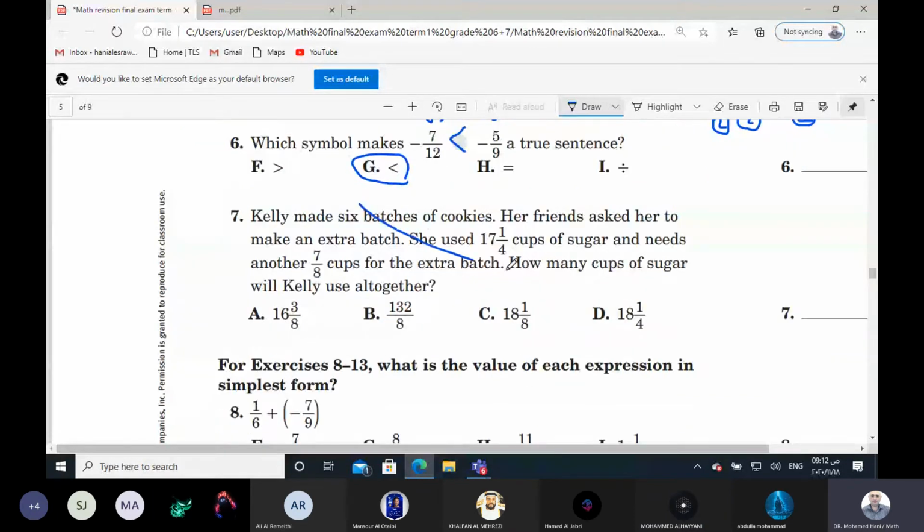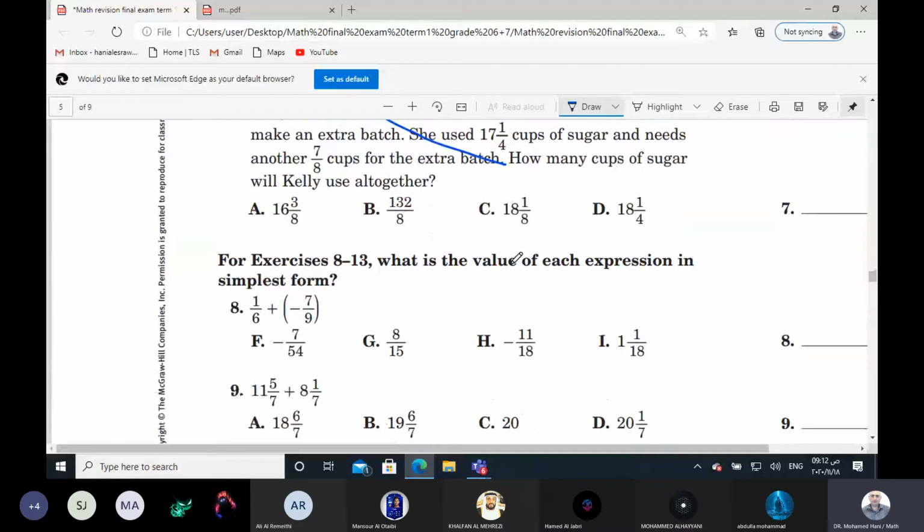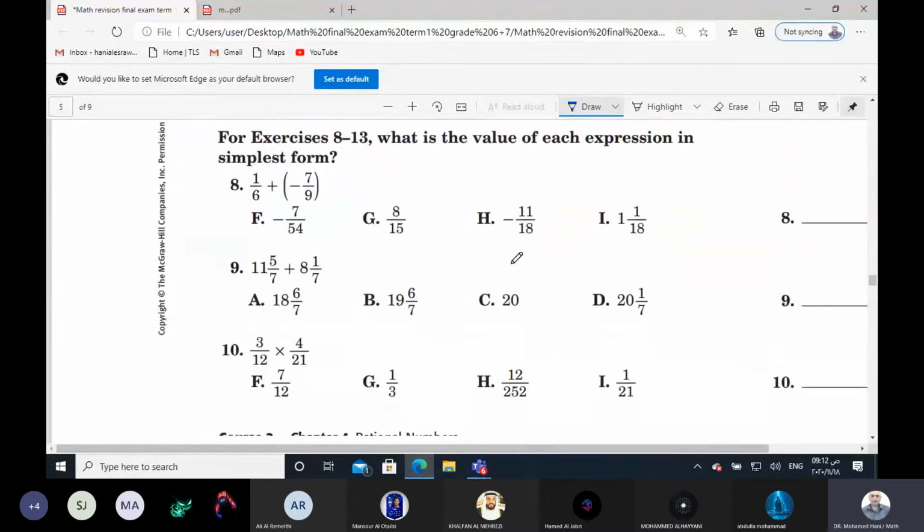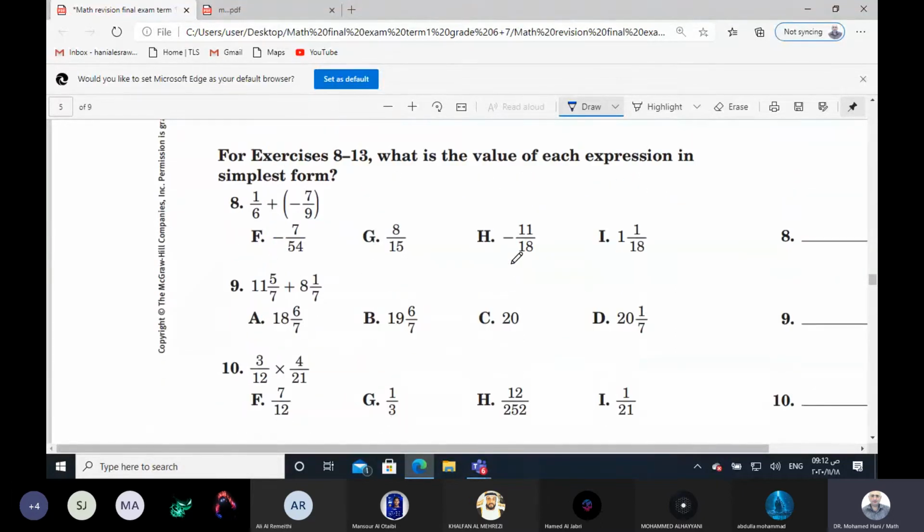Okay? And now number 7. As you see here, we want to simplify or solve the value. Here we have unlike fractions and the operation will be positive, or addition. Here we have 6, here we have 9, different denominators. So we can find the LCD between 6 and 9, or we can directly switch.